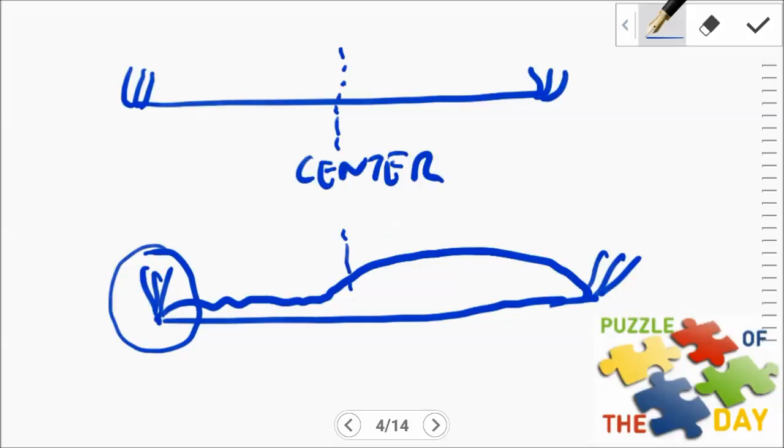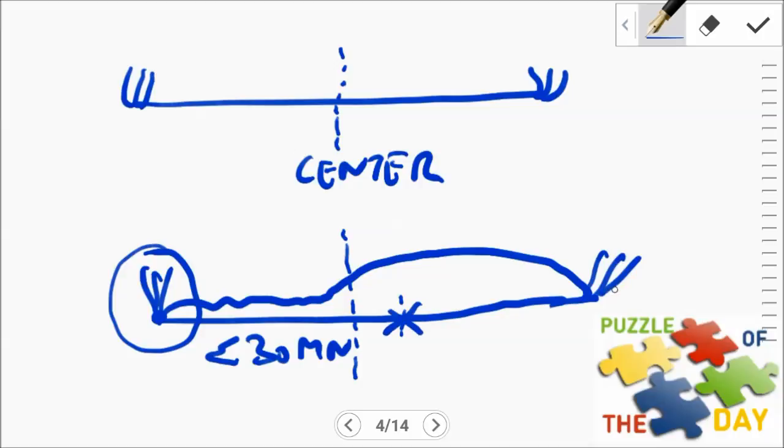Let's say this is the center. It will pass the center, because on the left side I see a rope that has less content, so this will be burned in less than 30 minutes. So at the end of 30 minutes, if I light it from one end, it will reach somewhere here.